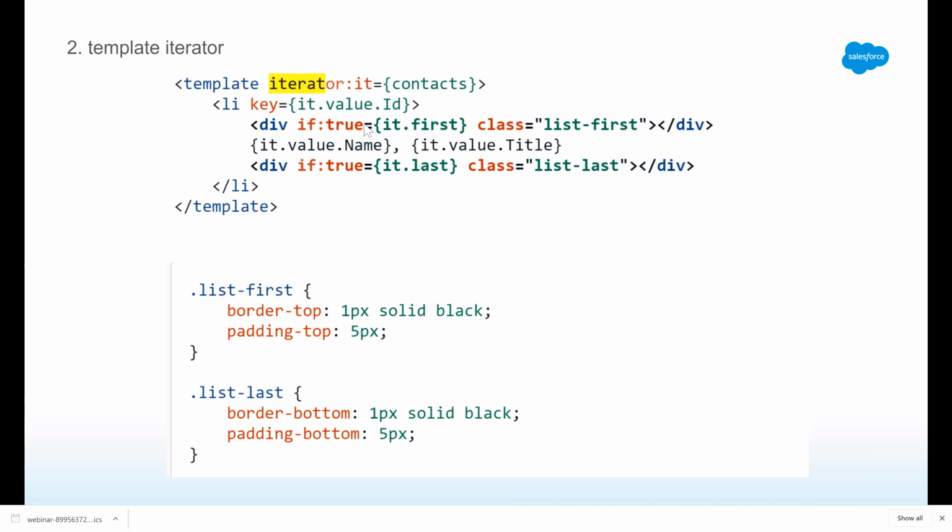In that case we use this property called it.first. If it is the first element in the list, it will be true, and we can have special CSS or some other functionality based on that. Okay.